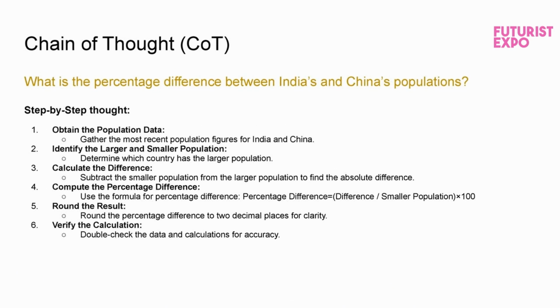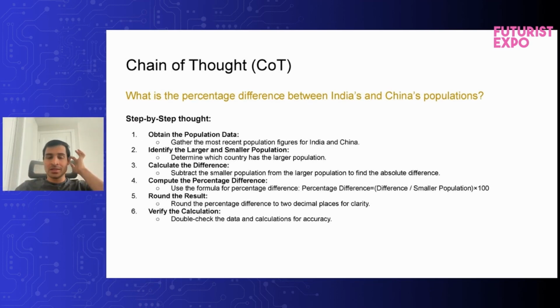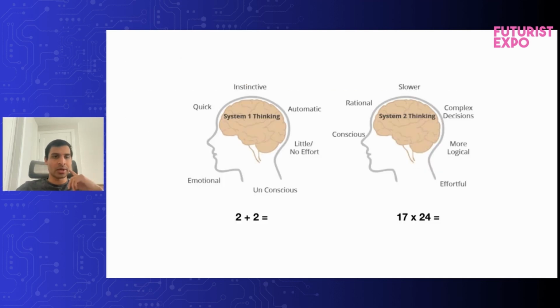It needs to get the population of India and China, do some math, and then tell the answer. All this cannot be done directly. It has to go through the thinking. So it should start generating the thoughts, getting the answers for each of these thoughts, and then finally getting the answer. This is what happens with chain of thought.